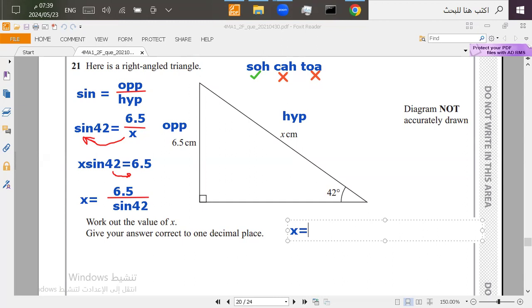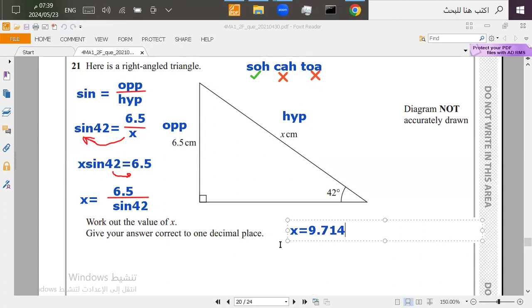Please focus on the ratios and the trigonometric ratio that you're supposed to use. For this one, we have 9.714. The question wants us to round it to one decimal place, which means the 7. Now, we look at the number after it, which is the 1.